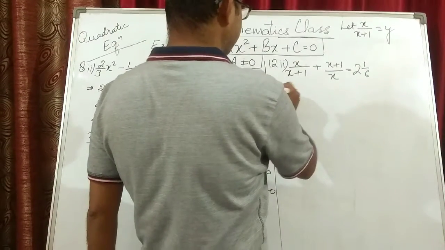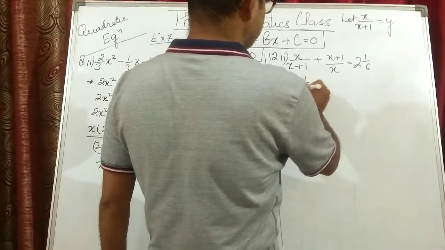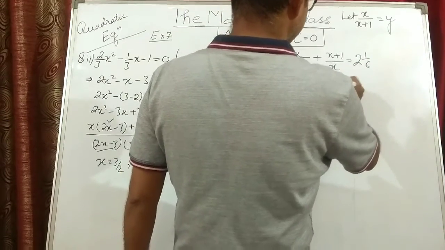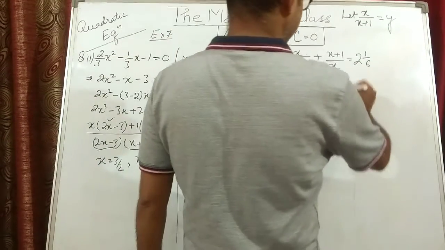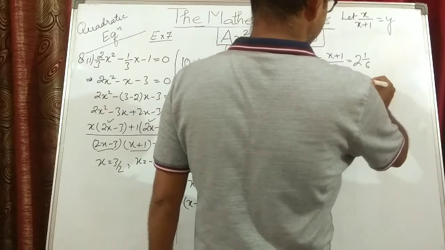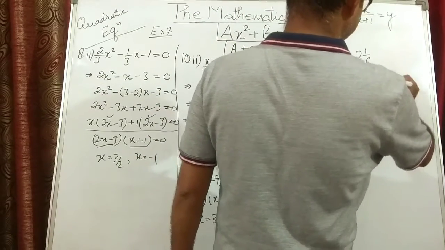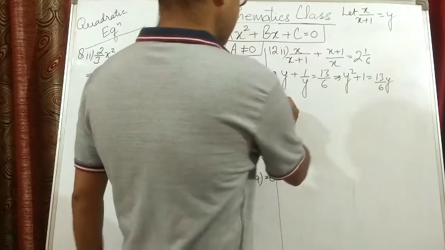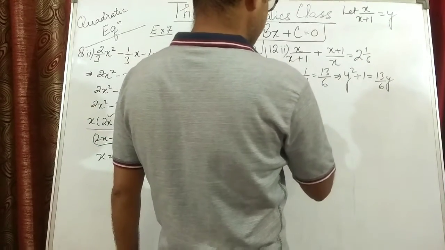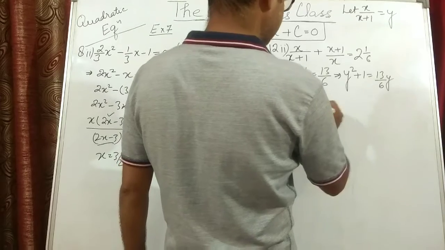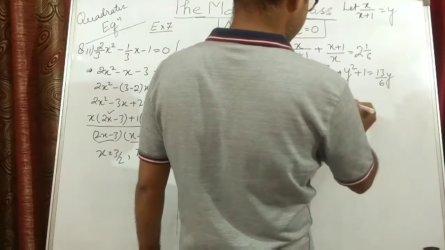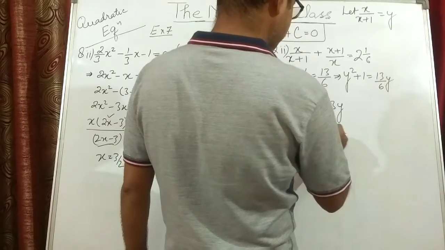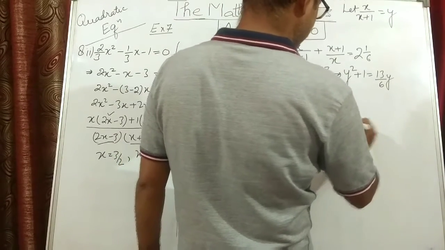So what we can do, we can say let x upon x plus 1 is equal to y. We will convert it into other variable. So now this equation becomes y plus 1 upon y is equal to 13 upon 6. So when you take the LCM as y, you will get y square plus 1 is equal to 13 upon 6y. So you can take 6 again as LCM, and this can be written as 6y square plus 6 is equal to 13y, which can be written as 6y square minus 13y plus 6 is equal to 0.